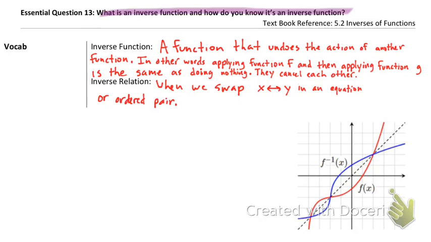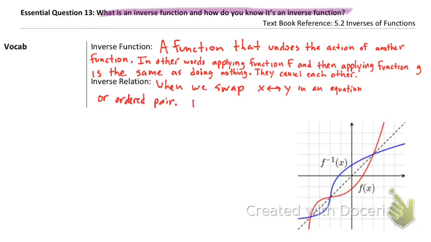Okay, and again, inverse relations and inverse functions are very similar, but the main part of inverse relation, with the way we're going to use it, is the idea that we're swapping x and y in an equation or swapping x and y in an ordered pair.